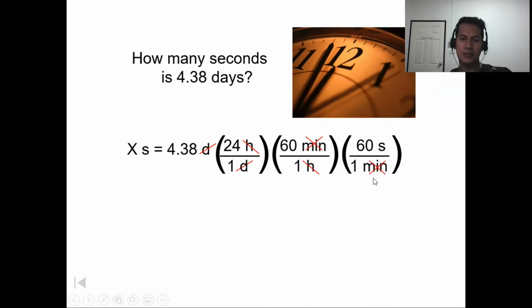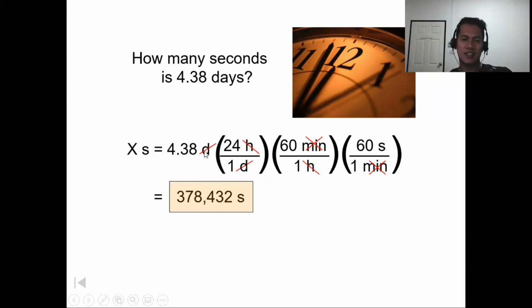And now you know that that's 378,438 seconds. So this here is 4.38 days. Okay, so it's quite easy though. So do not be confused. Do it step by step. This is the cancellation technique.